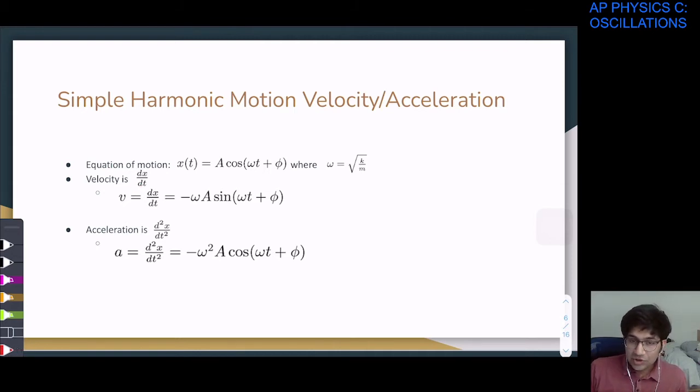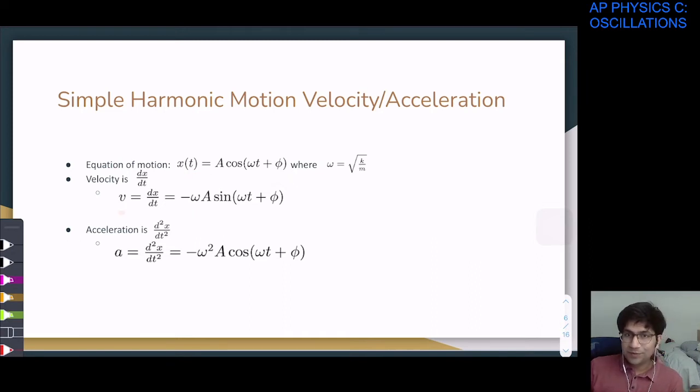It's the derivative of position with respect to time. And we actually have a very easy job because we're given the equation, right? We know the equation of motion is this here. The textbook and the differential equations course gave it to us. So this is our equation of motion for position.